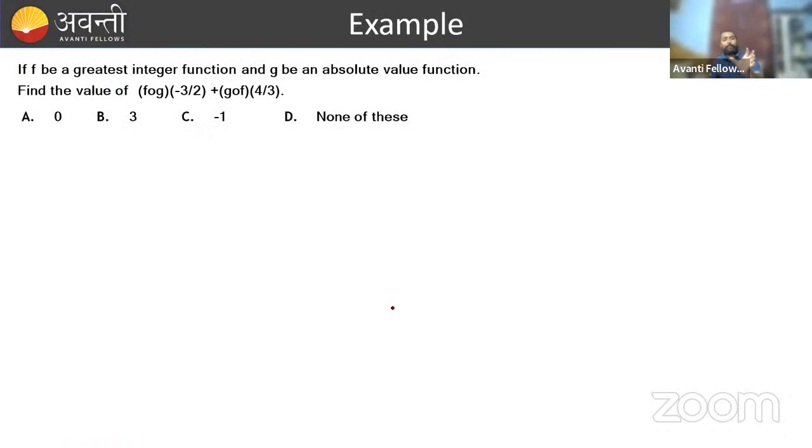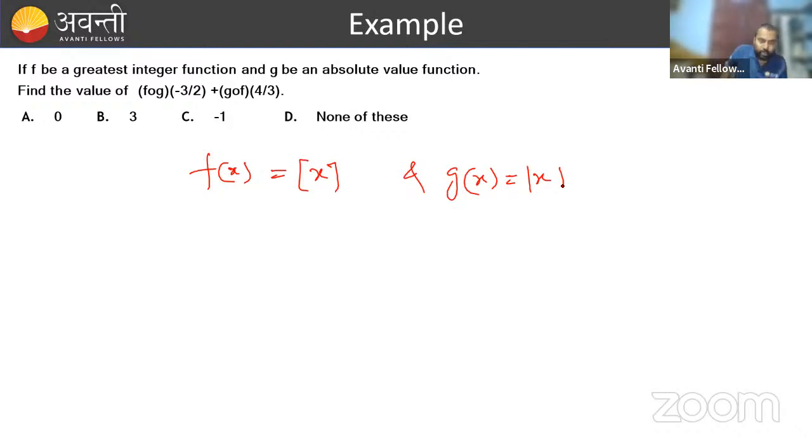Now the next question: f is a greatest integer function and g is an absolute value function. So f is given as the greatest integer function, that is this, and g of x is the absolute value function or modulus function. Find the value of fog of minus 3/2 plus gof of 4/3. Chalo, let's find.